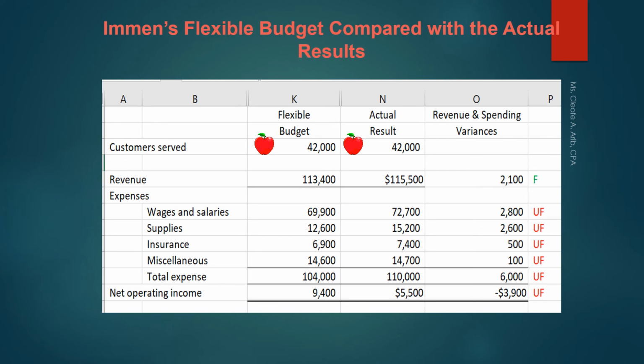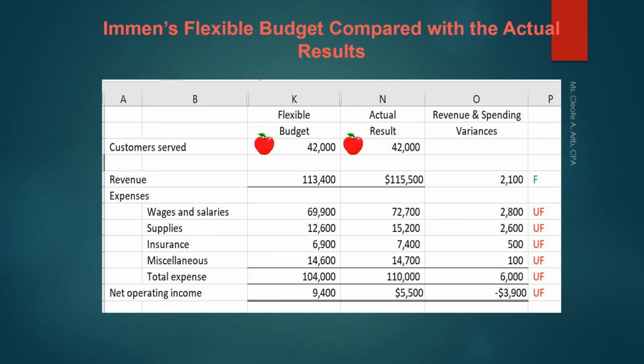So the total spending variance is 6,000 unfavorable, while your revenue variance is only 2,100 favorable. That's why if you look at your net operating income, your total revenue and spending variances is unfavorable. Unfavorable by how much? 3,900.